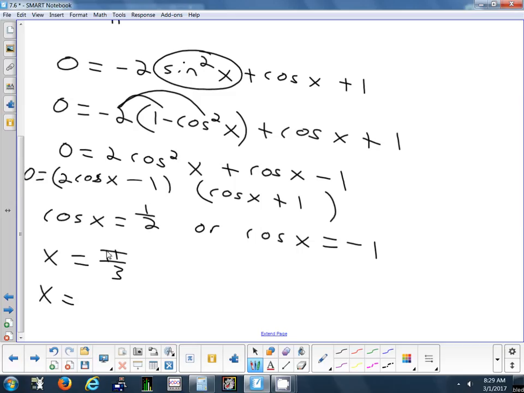Yeah, which is how much? 300. What's 300 in radians? Well, how much is pi over 3? 60. What do you multiply 60 by to make it 300?